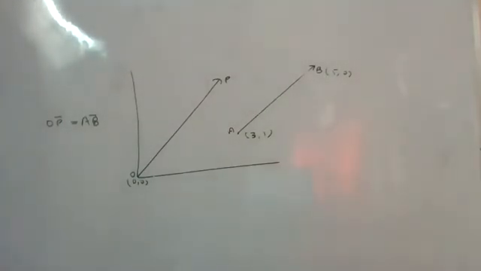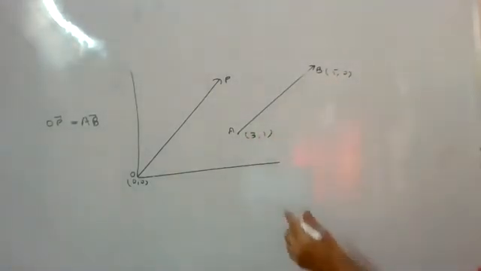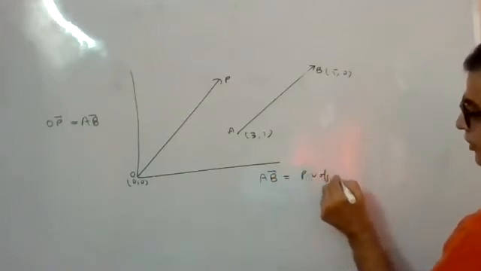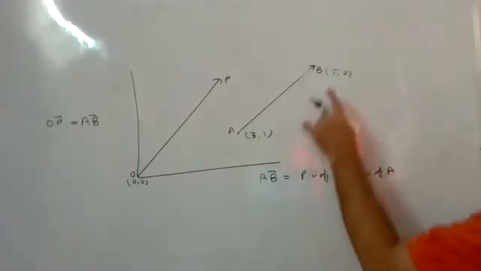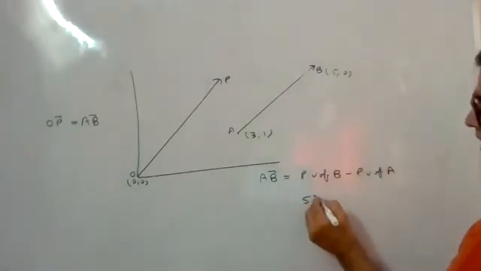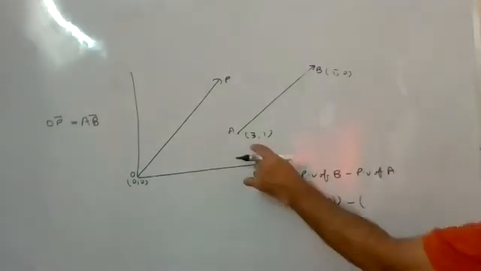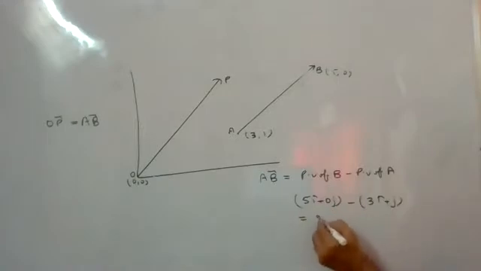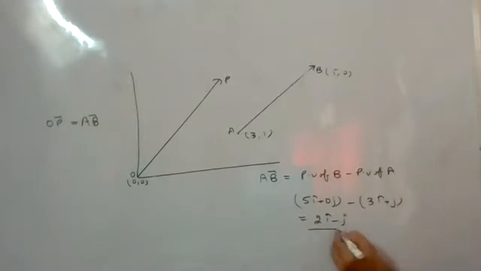Yes, please. A is 3, 1, B is 5, 0. So first you should find out what AB vector is. That is position vector of B minus position vector of A. What is the position vector of B? 5i plus 0j, minus the position vector of A, which is 3i plus j. Now when you solve it, 5 minus 3 will be 2i, and 0j minus j will be minus j.